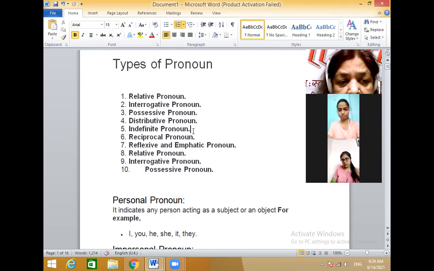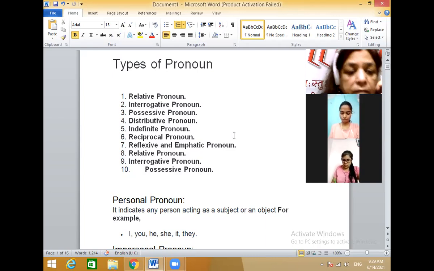The seventh is the reflexive and emphatic pronoun. Then relative pronoun, interrogative pronoun and possessive pronoun.